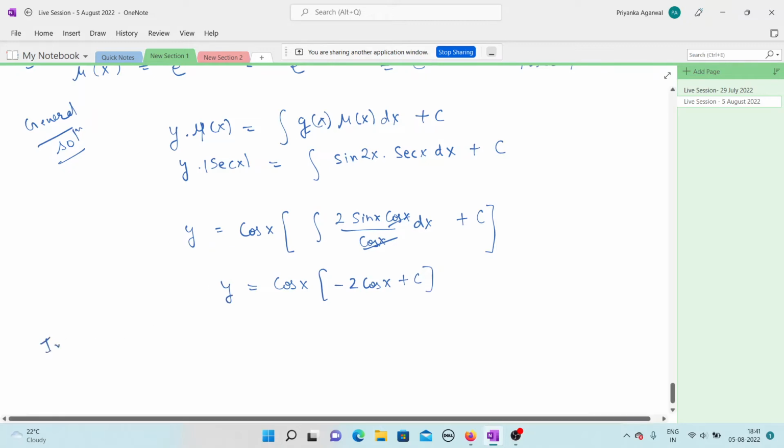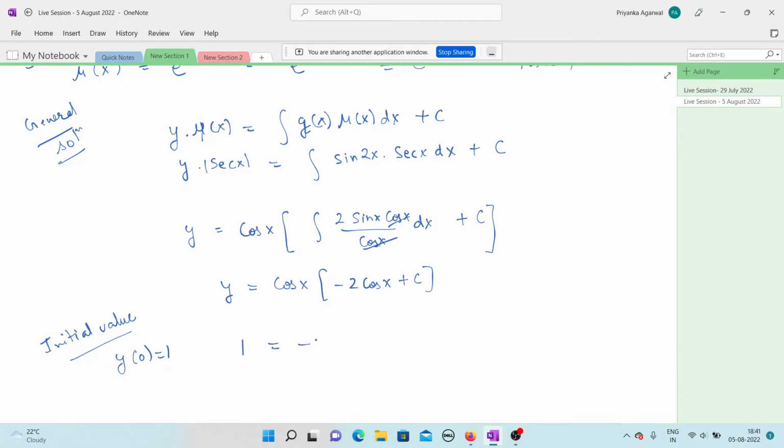Now let's apply the initial value condition, which is y of 0 is 1. So 1 equals cos of 0, which is 1, times minus 2 cos 0, which is again 1, plus c, and this is the constant to be 3.